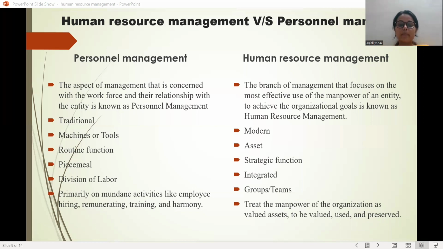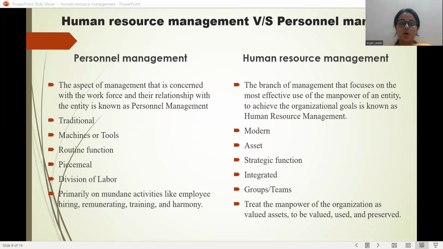If we talk about the manpower, human resource management treats manpower as an asset for the organization, while in personnel management, the workforce of an organization is considered as a machine or a tool.